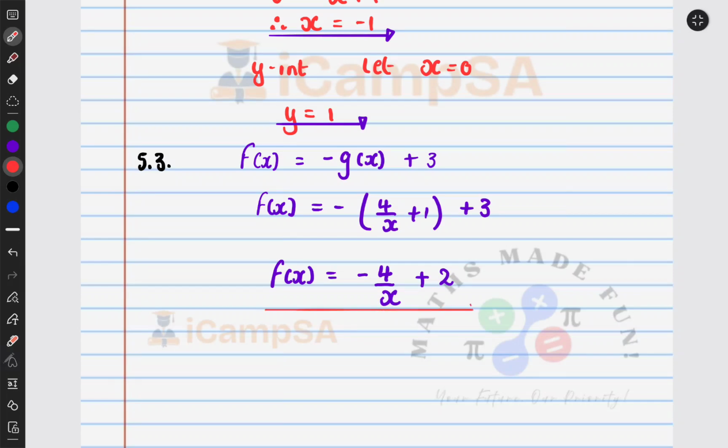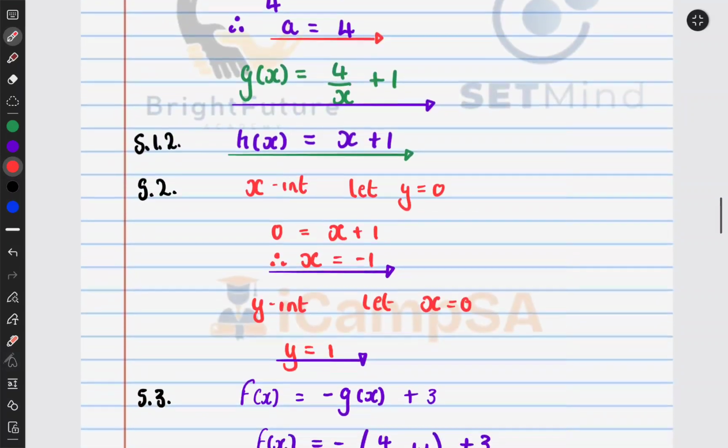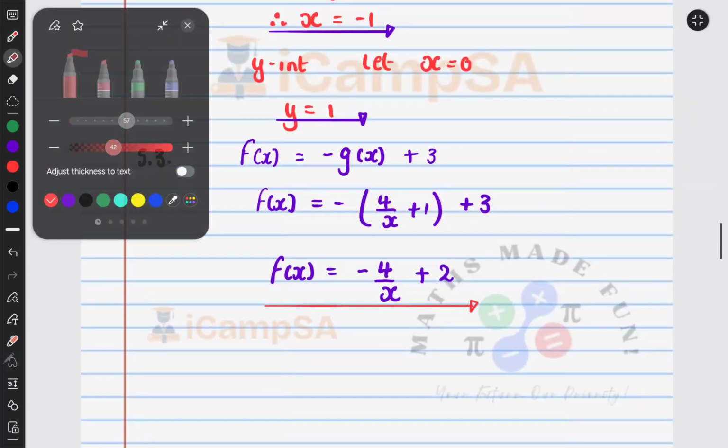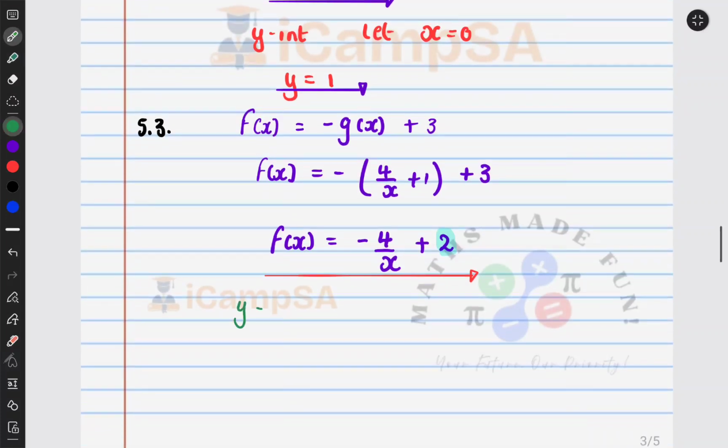And what we were asked to find here is the equations of the asymptotes. So already we can see that the horizontal asymptote is going to be y is equal to 2. That is our horizontal asymptote.